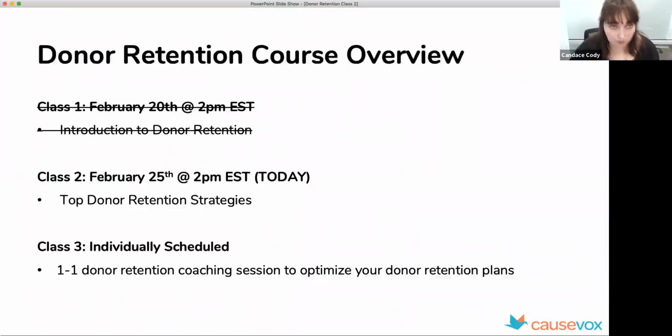So today's donor retention class is all about the top donor retention strategies. Last week we went over just a basic intro to donor retention and went over what it looks like to set some goals, as well as segmentation and donor nurturing, which are a few of the key topics that we'll be referencing today throughout our class.